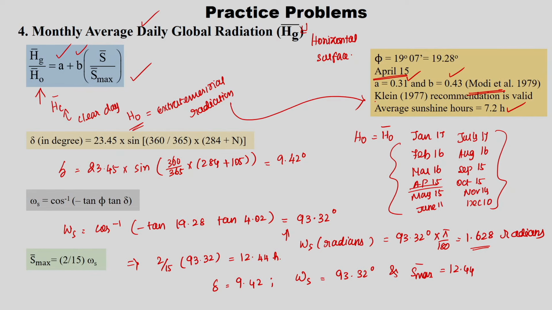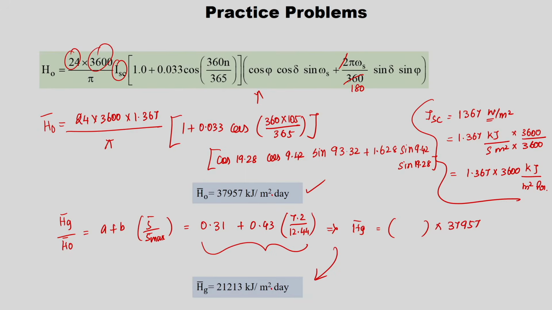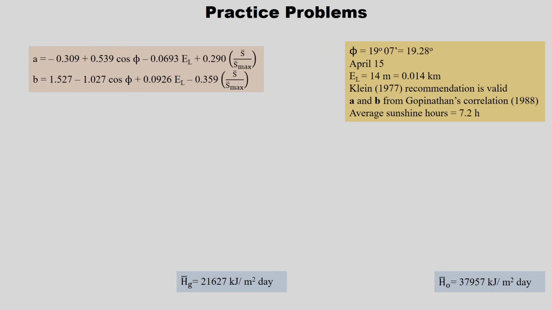The major assumption is given by Klein 1977, and the fitting constants we have taken from Modi et al., A equal to 0.31 and B equal to 0.43. Instead of using A and B as fitting constants, this researcher Gopinathan came up with two correlations in 1988.